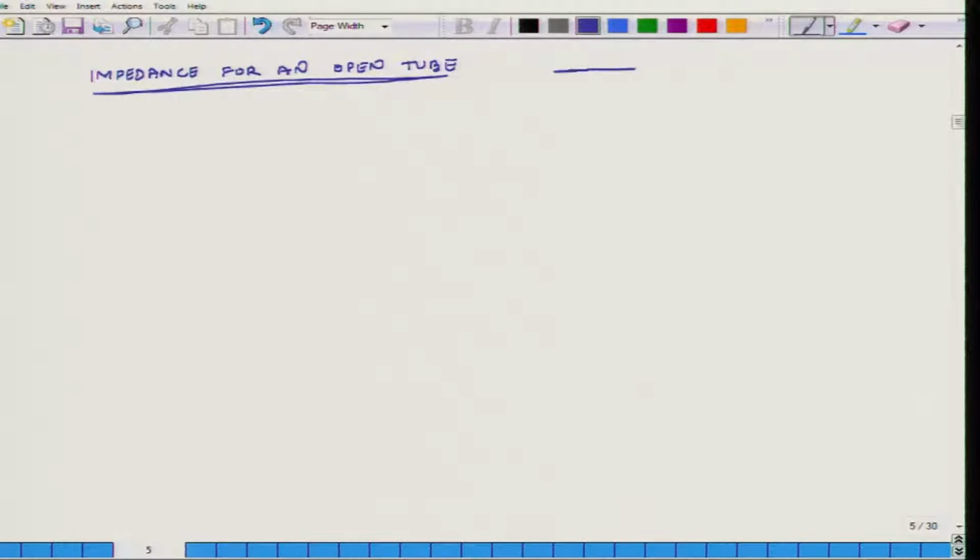So, what is the condition in an open tube? That is the tube, this is the open end, this is my piston moving back and forth, x equals 0 at the open end, x equals minus L at the closed end. Just outside the open tube we have ambient pressure, so P T is equal to P naught.